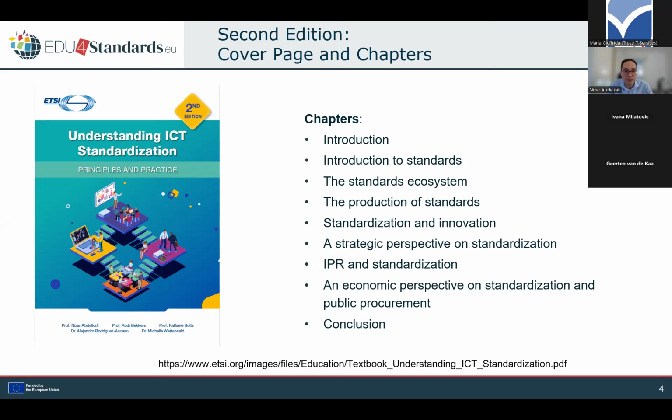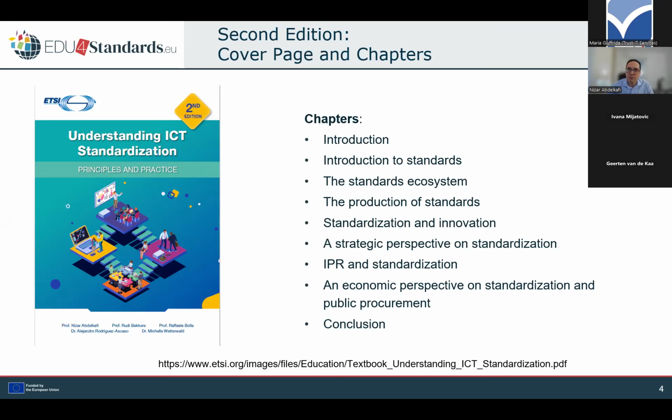We think standards are very important for the strategic orientation of companies, so we provide some ideas about how companies can leverage standardization as a competitive advantage. IPR and standardization and innovation, of course. And as suggested by the interviewees, also the economic perspective on standardization, but also the relationship to public procurement.